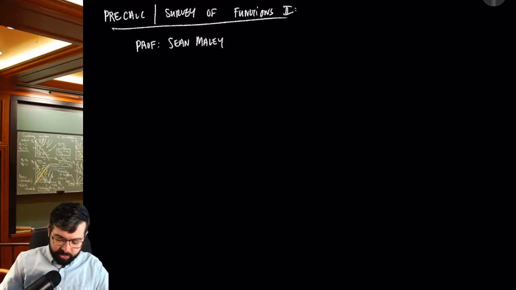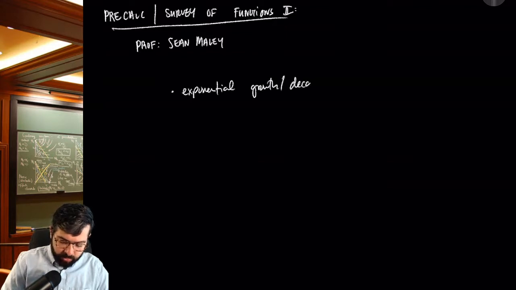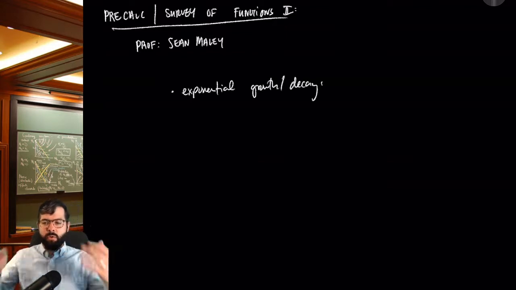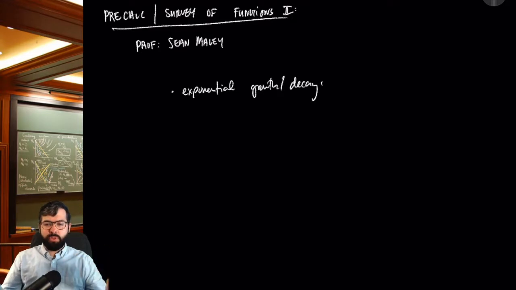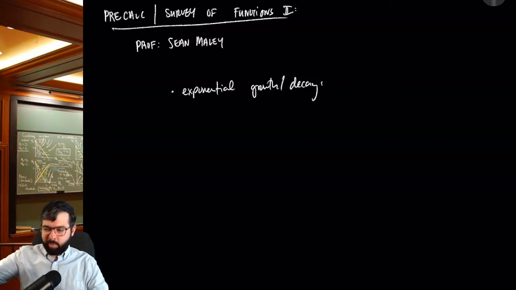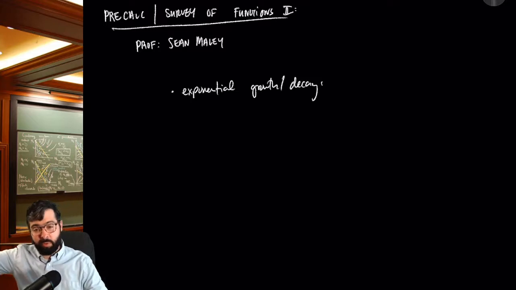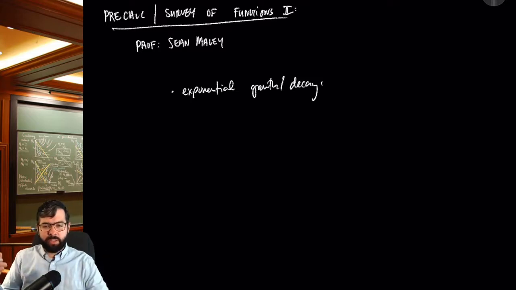And so in particular, we're going to learn more about exponential functions and growth, which are things that grow or decay in proportion to how much of the substance or population there is. So population is one example, right? The more people there are, the more people that will grow, and so that's what we consider exponential growth.